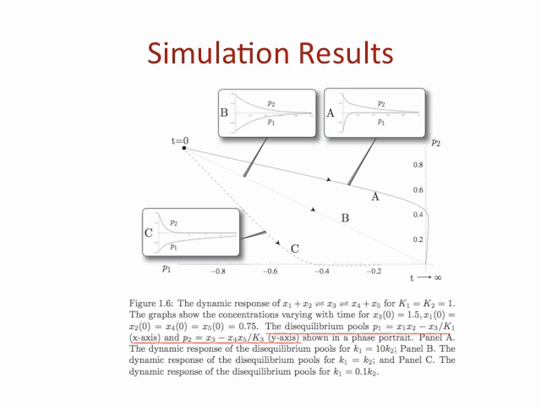Here's an example phase portrait to interpret this reaction system a little bit. Here I'm just plotting the 2 pools, P1 versus P2, the dynamic responses. And for the traces shown in here, I have varied the forward rate constants.